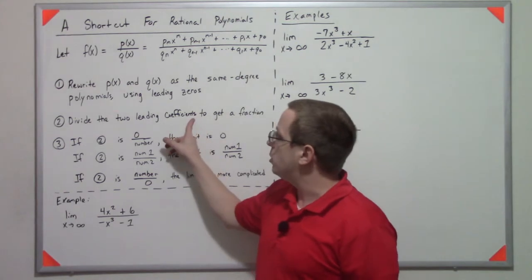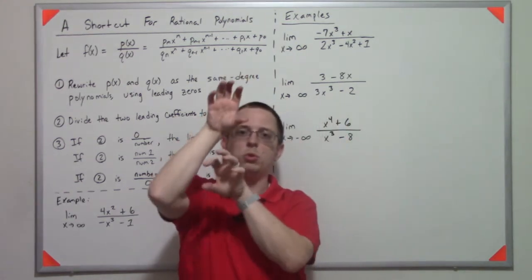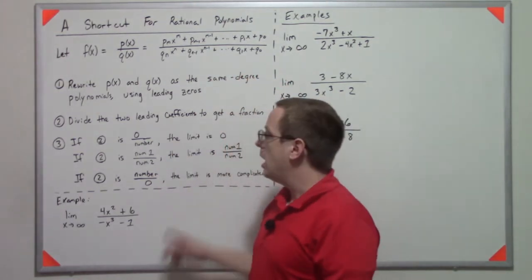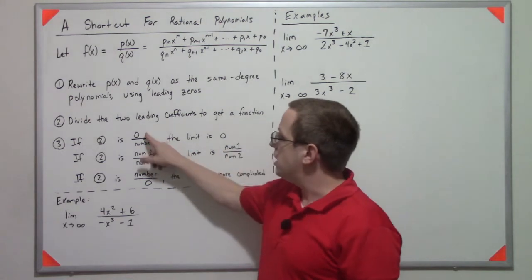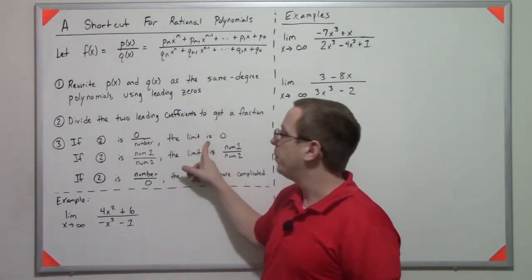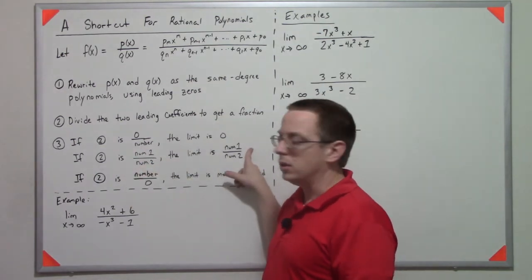And then what we're going to do is divide the leading coefficients. So whatever those two leading numbers are with the same degree, we're going to find that fraction. And then finally, if that fraction is 0 over something, the limit is 0. If it's a number divided by a number, the limit is that number.